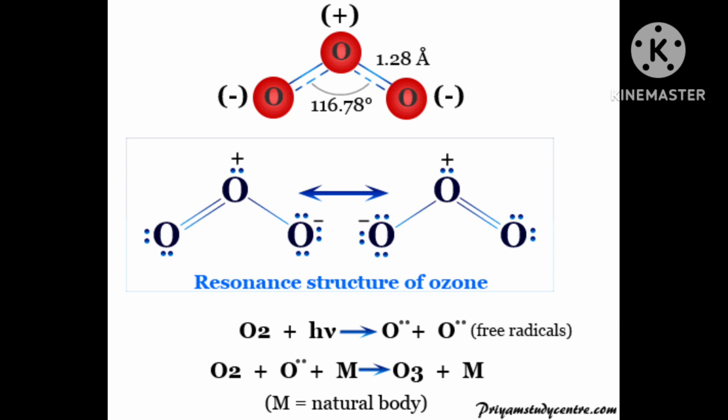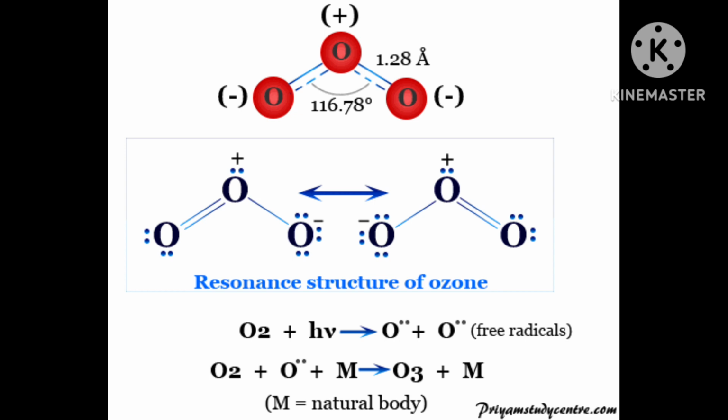When ozone reacts with an excess of potassium iodide solution buffered with borate buffer, you might know borate buffer, its pH is 9.2. Always remember, borate buffer has pH 9.2.